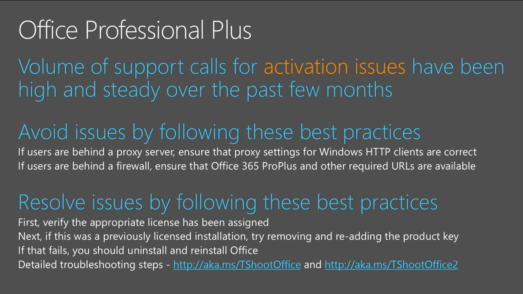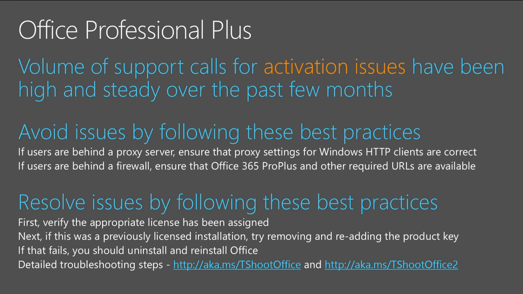A lot of customers, unfortunately, forget to assign the license. They set everything up, and then they forget to provision the actual thing that enables access to the services. If this was a previously licensed installation that was working, you may consider removing the product key and then re-entering it and starting over.